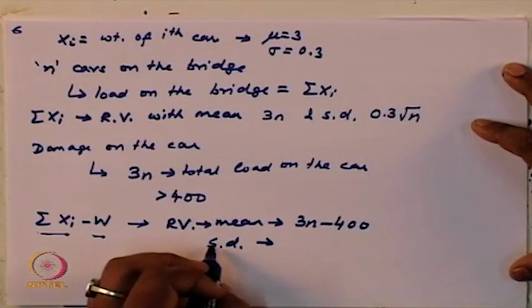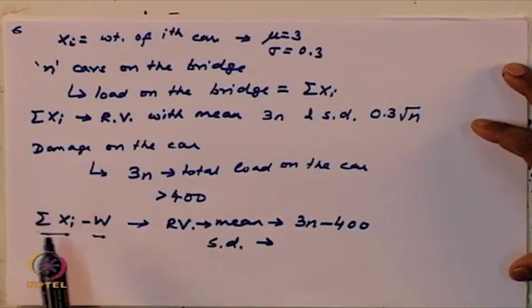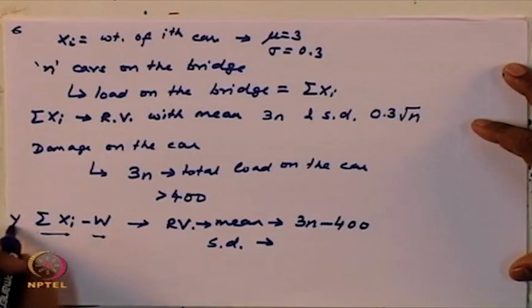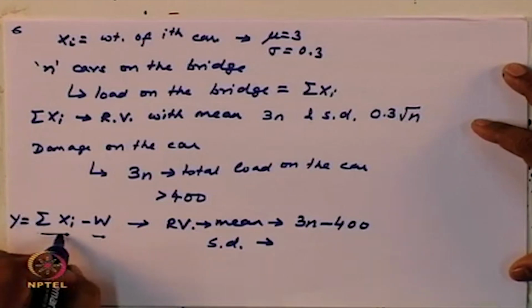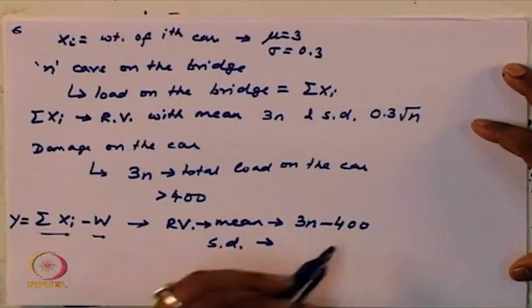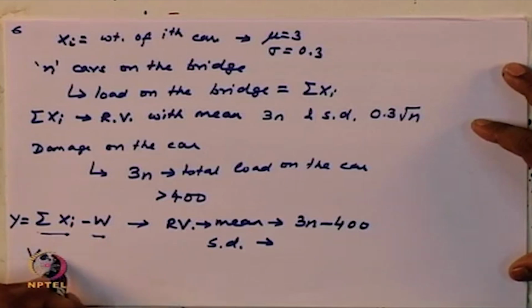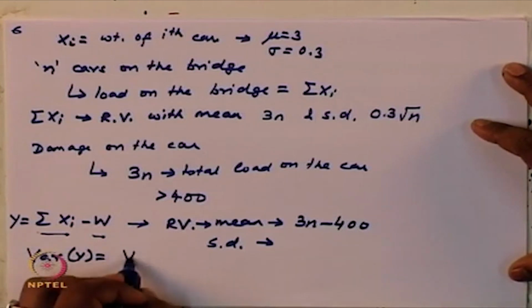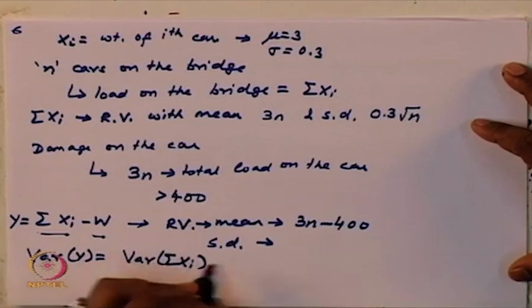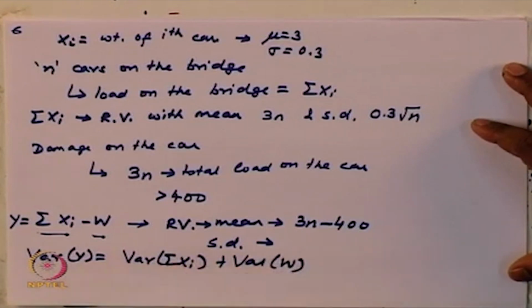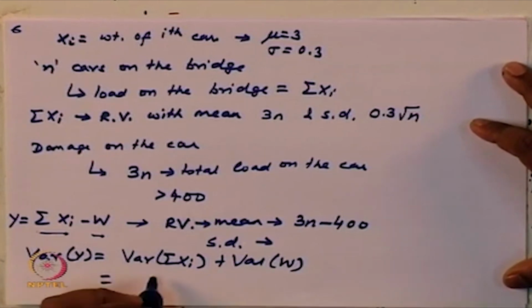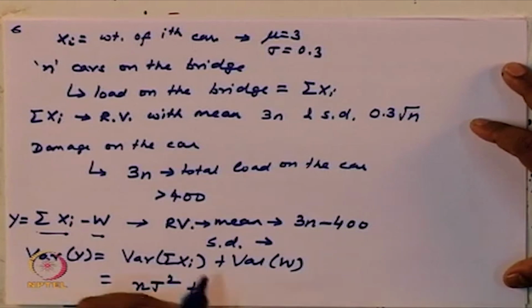Okay. So, how do we calculate the standard deviation here? You have 2 random variables. So, you define a random variable, let us say y, as summation of xi minus w. Okay. Mean is this, and since these two are independent of each other, your variance of y will be variance of summation xi plus variance of w, and variance of summation xi is nothing but n times sigma square, and variance of w is whatever has been given to you, which is 40 tons. Okay.